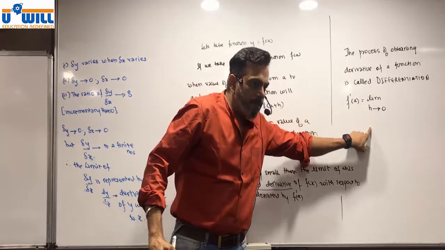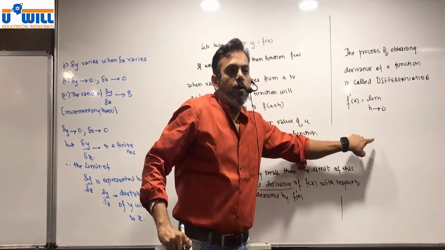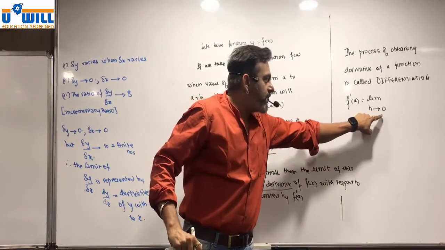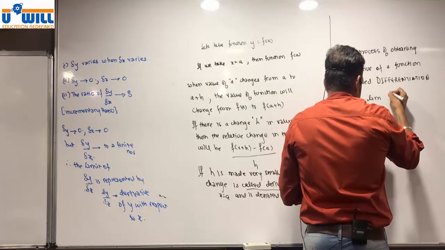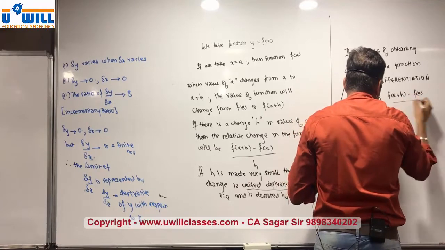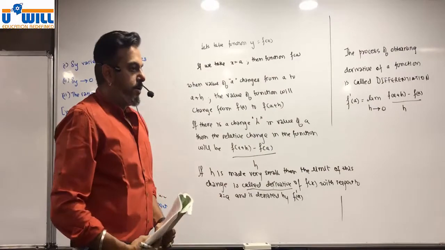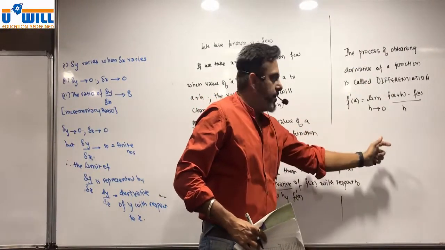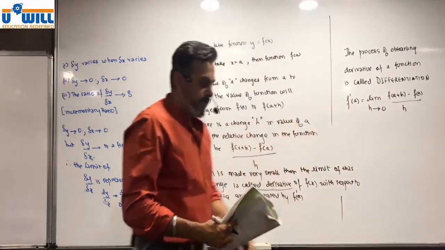You can see h जो भी हमने लिया था, the change was 2 से हो गया 2.1, 2 से 2.01, 2 से 2.001. तो the change h tends to 0. You understood now ये differentiation किसको कहते हैं? Okay, ये जो process है जो हम कर रहे हैं of obtaining derivative of a function is called differentiation.